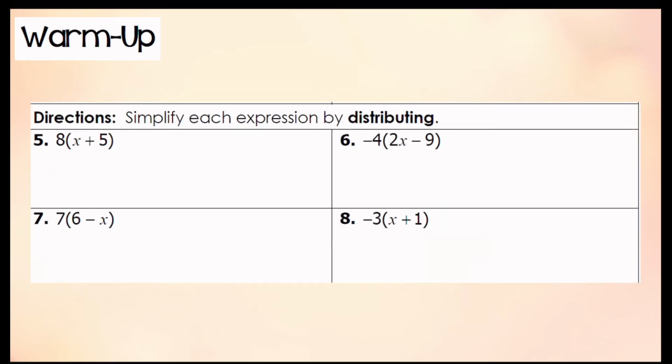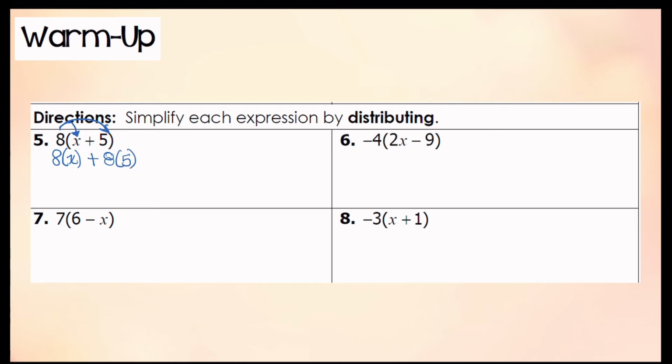Okay, I understand that some of you can do this. This is your work. A lot of people say, well, what work am I supposed to do for the distributive property? Here it is. I'm going to take this 8 and distribute it to both in here so that it's 8 times x. Then I'm going to distribute it here, and it's 8 times 5.